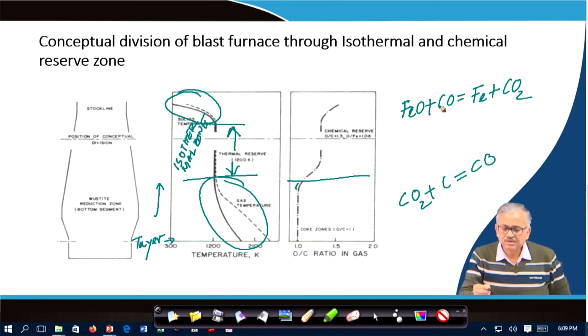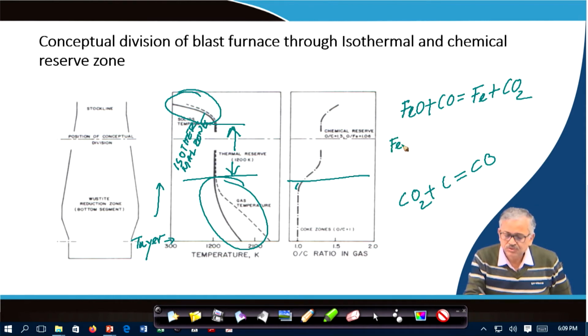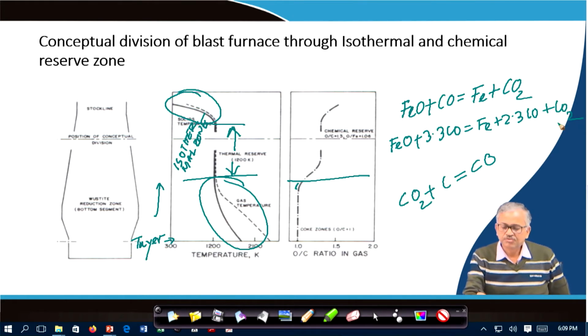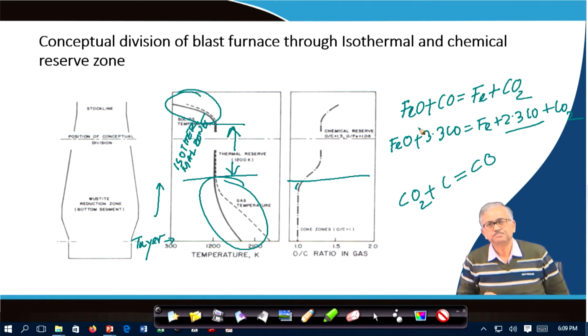Basically, we write this reaction as FeO plus 3.3 CO forming Fe plus 2.3 CO plus CO2. Out of 3.3, if you want to remove 1 gram atom of oxygen, you require 3.3 moles of CO, out of which 2.3 moles of CO will remain in equilibrium with the CO2, and only 1 mole of CO will be used up to take out the ore oxygen.